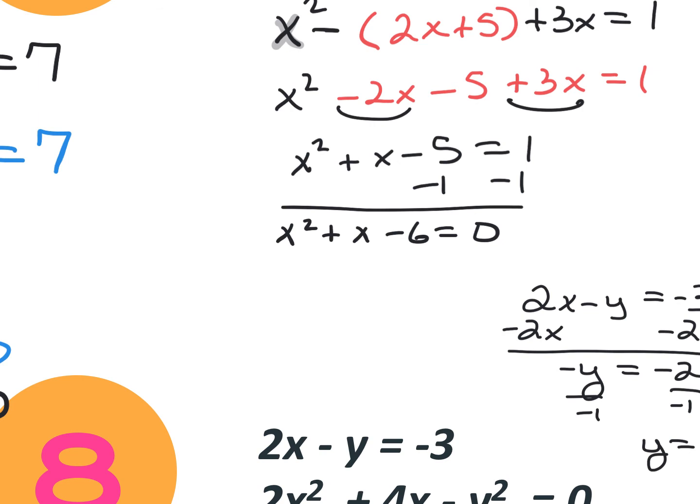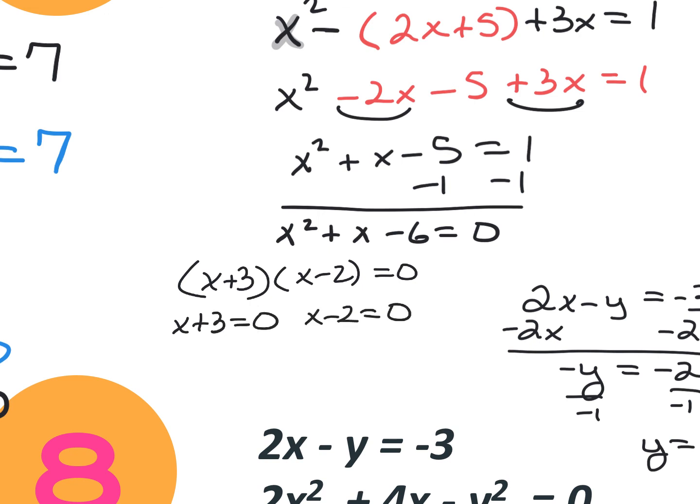Factors of -6 that give me +1 are going to be +3 and -2. And again, do a quick FOIL, double check that it does give you the middle term, and it does work out. Take each of the factors, set them equal to 0. Subtract 3. X equals -3. Add 2. X equals +2.